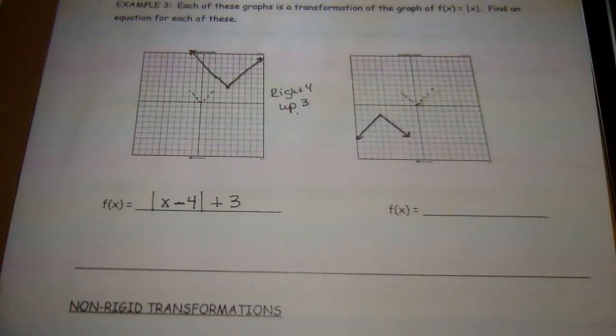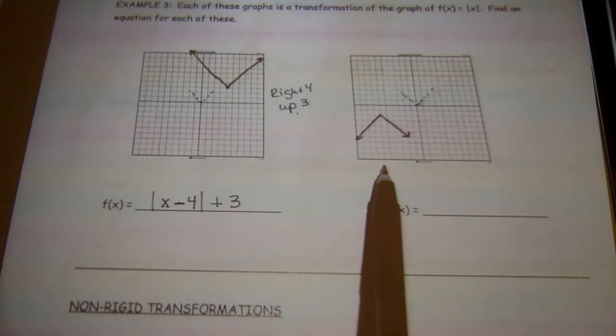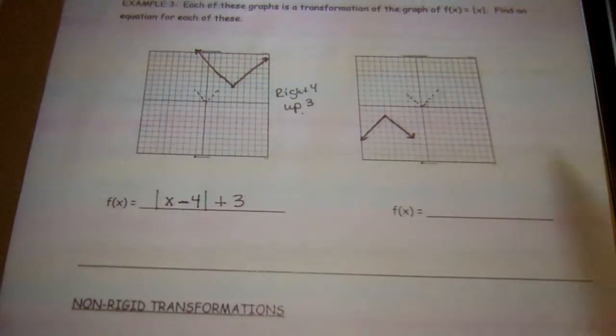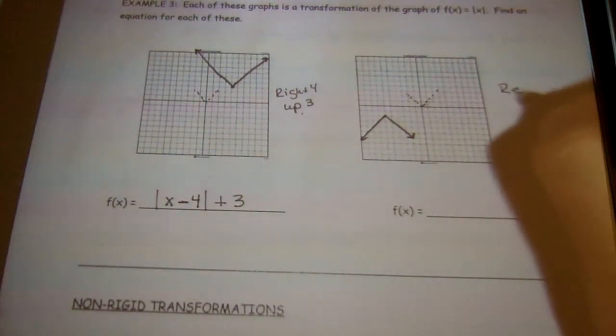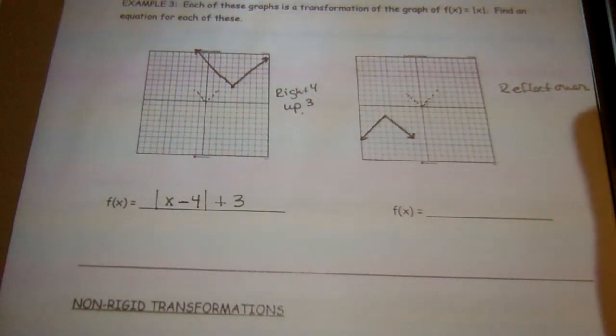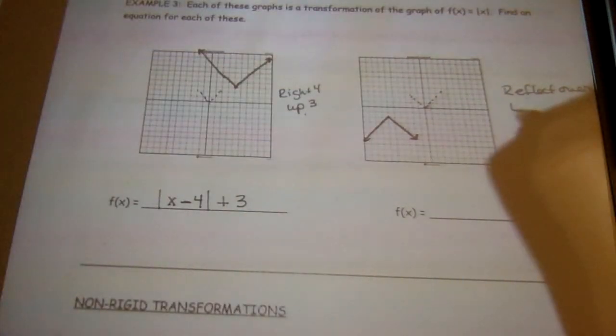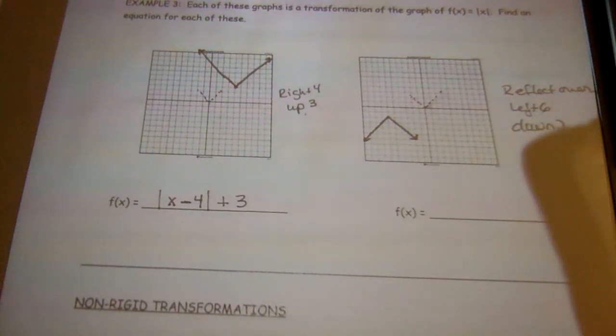Okay. What happened to the parent function on this one? So I reflected over what? Over the x. Then what? Left 6, down 2.